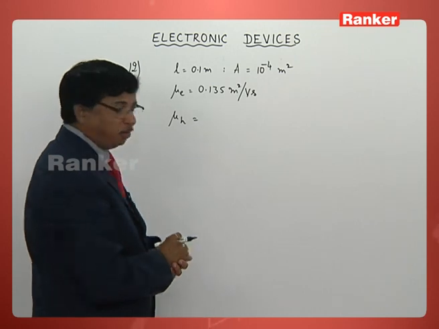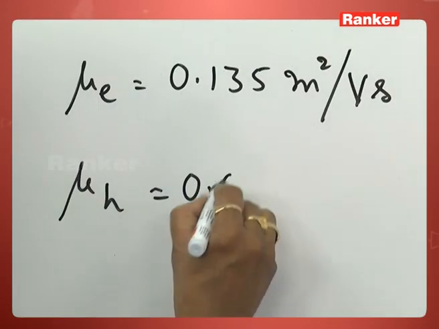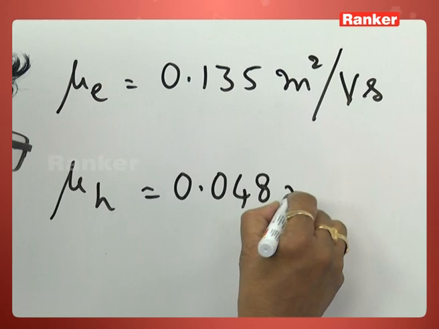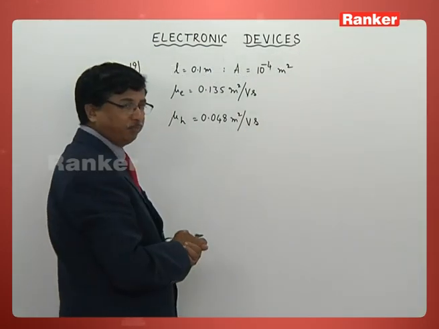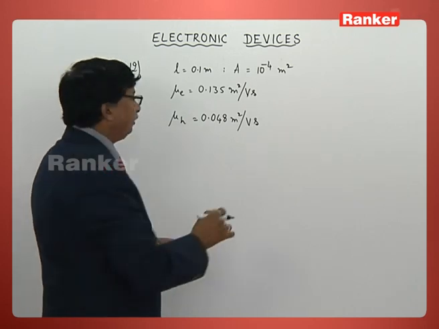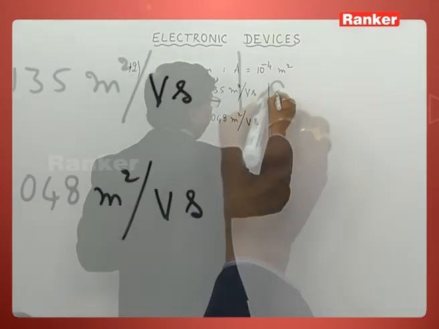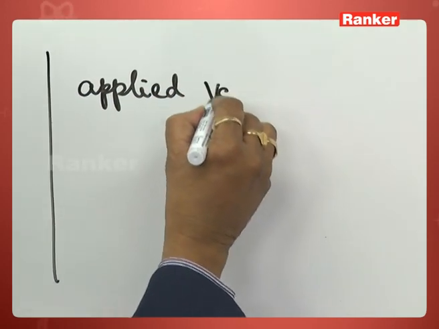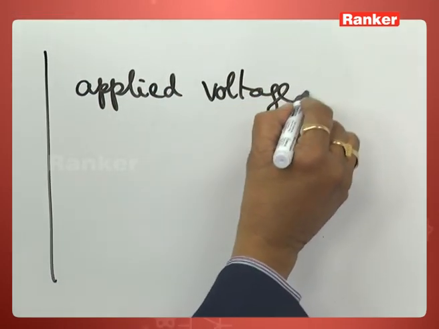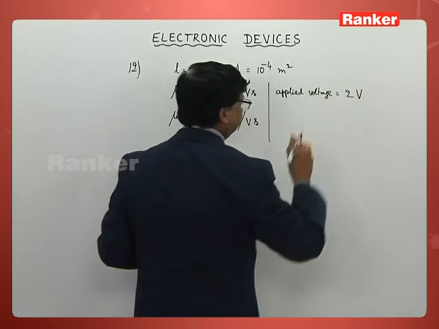That is 0.048 meter square per again volt second. Fine. And what is the applied voltage he has given us? Just look at that value as well. Applied voltage, that is given to volt.